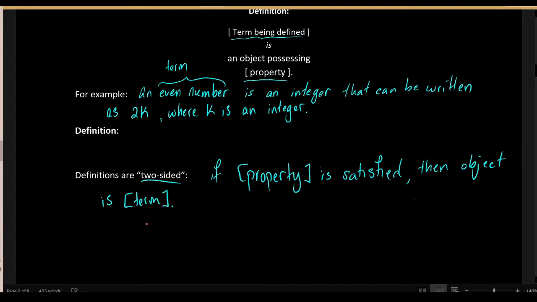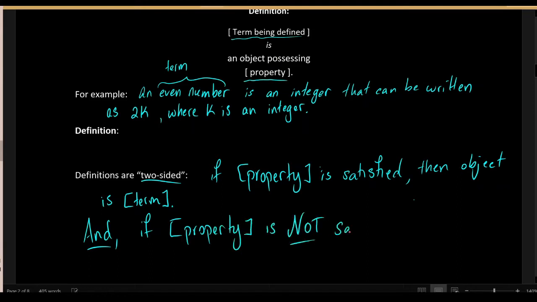It is even. But not only that, if the property that you're working with is not satisfied, you know for sure that the object that you're dealing with is not this term that you're working with.